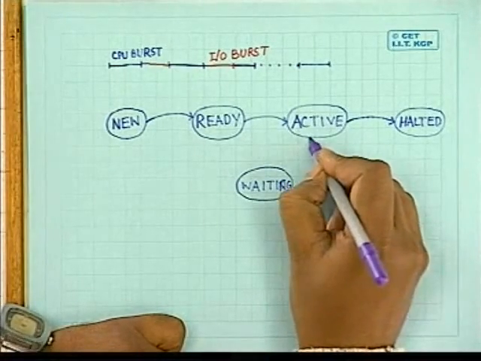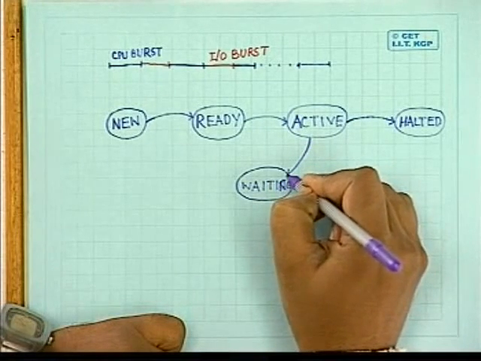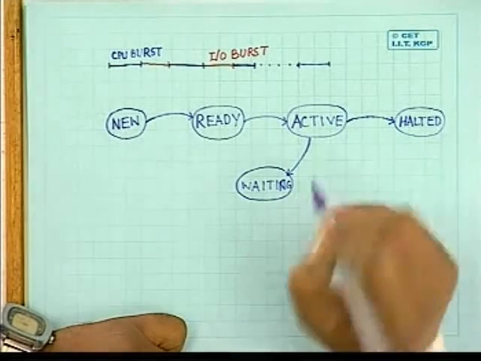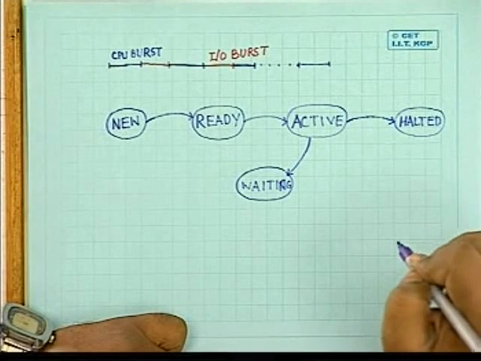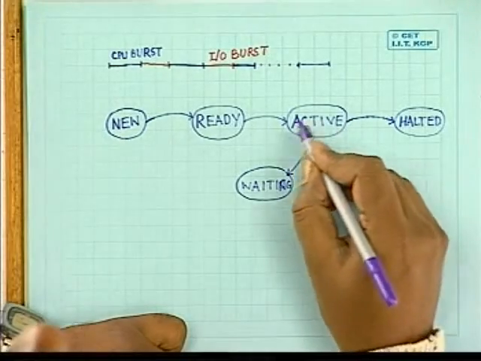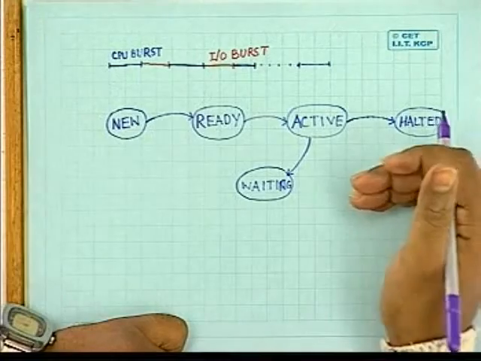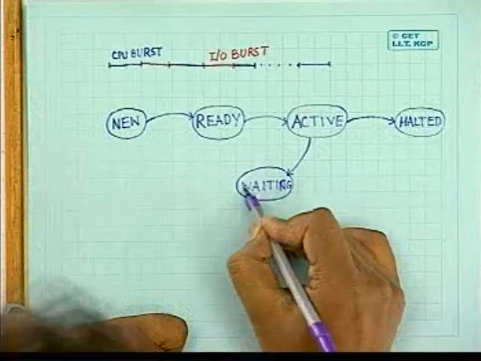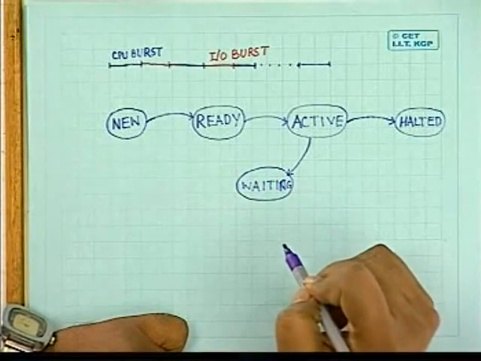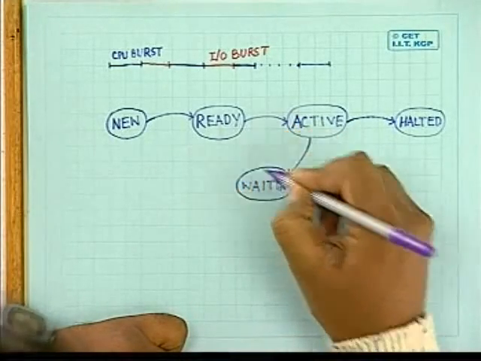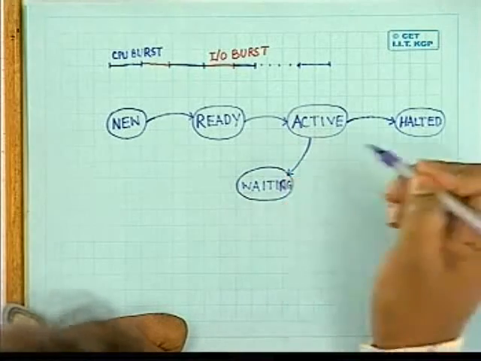So from active state, the job or the process moves into a waiting state when the CPU is released. This CPU is free. Now, this time of the CPU can be utilized for execution of the CPU burst of another job. Now, when this waiting state of the job is complete, that is, the IO operation which the job needs is complete, there are two ways.